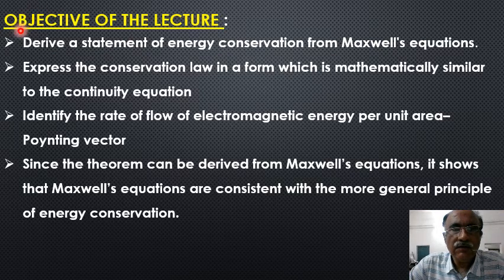The objective of the lecture is to derive a statement of the energy conservation law using the Maxwell equation to express the conservation law in a form which is similar to the continuity equation, identify the rate of flow of electromagnetic energy per unit area as the Poynting's vector, and finally to show that the Maxwell equations are consistent with the more general principle of the conservation law of energy.